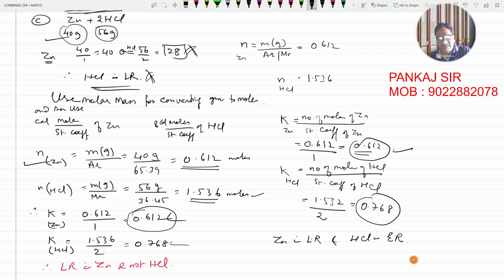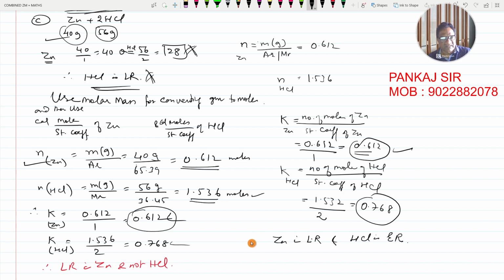So you can see that in scenarios A and B, hydrochloric acid was the limiting reactant and zinc was the excess reactant. But in scenario C, zinc is the limiting reactant and hydrochloric acid is the excess reactant.